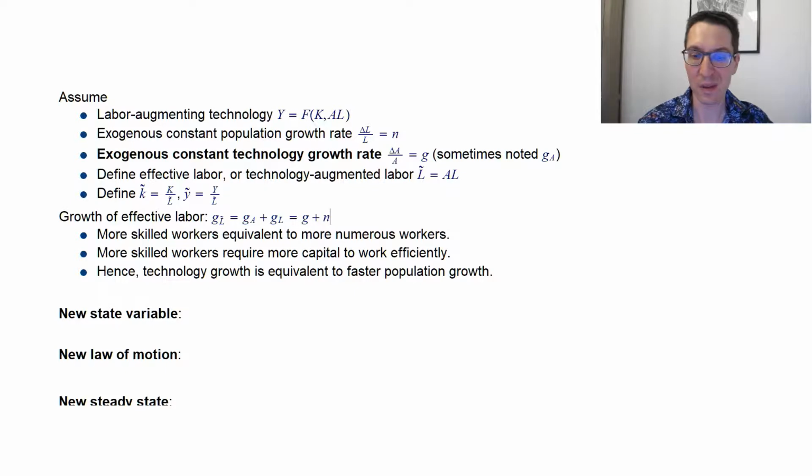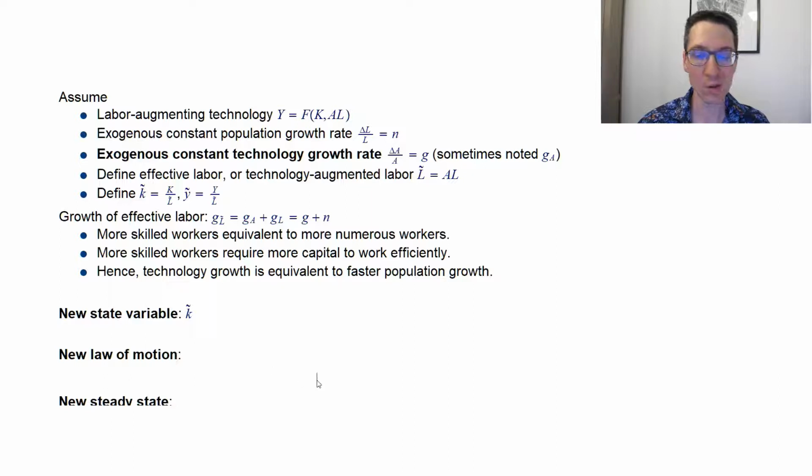So now let's go ahead and define our new state variable. We used to have one state variable that was small k, capital per worker, and now you can guess more or less where we're going. So the new state variable is going to be this, the capital per efficient worker. And everything is going to be well defined in terms of this new variable.